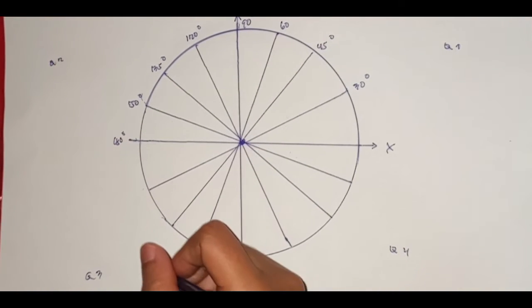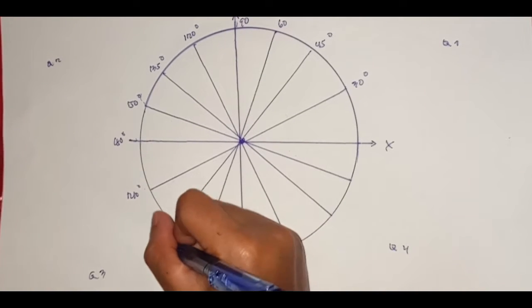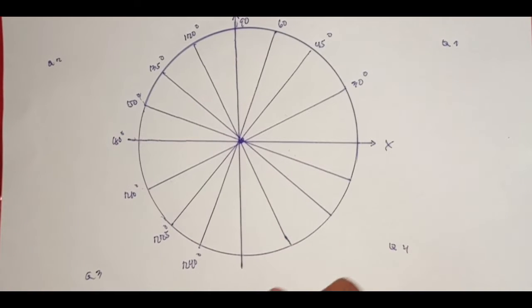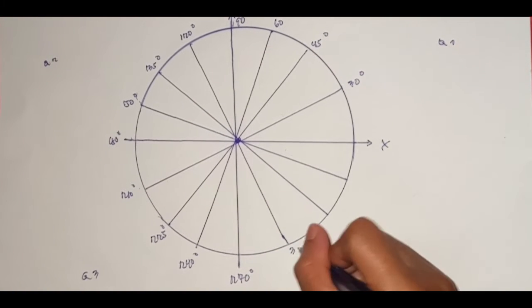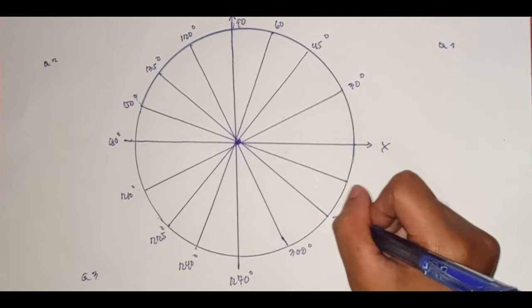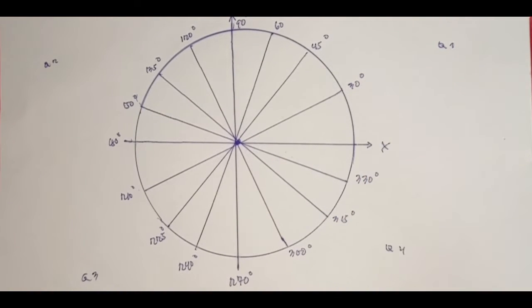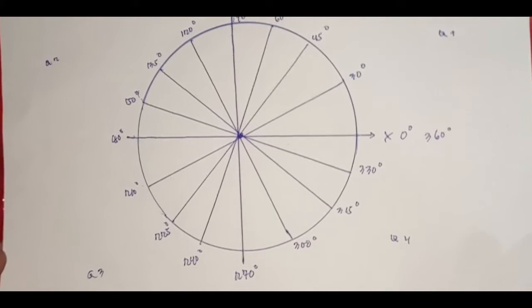In quadrant 3, we have 210 degrees, 225 degrees, 240 degrees, and 270 degrees. In quadrant 4, we have 300 degrees, 315 degrees, 330 degrees, and 0 degrees and 360 degrees are coterminal angles.